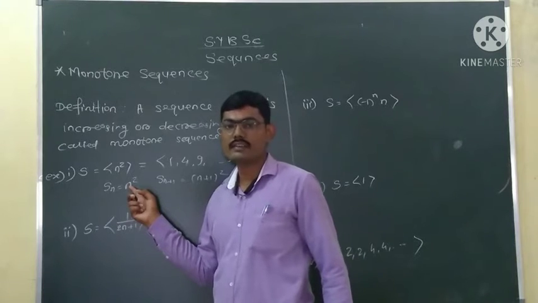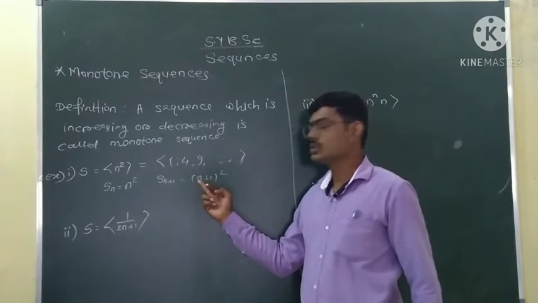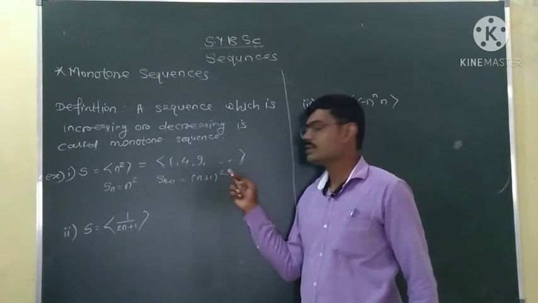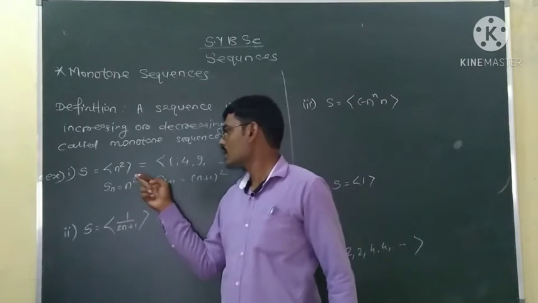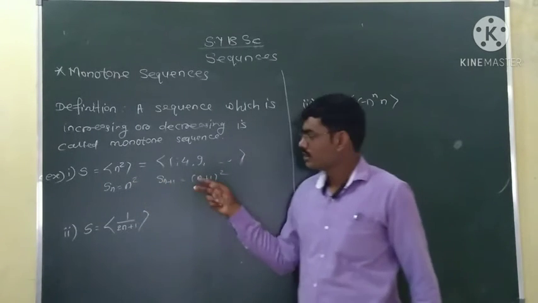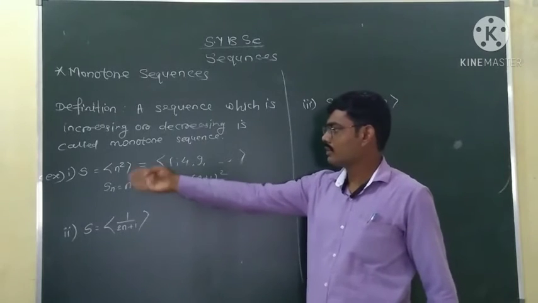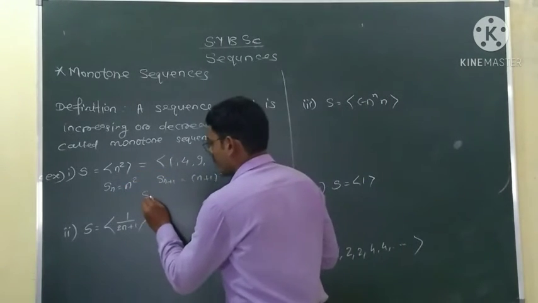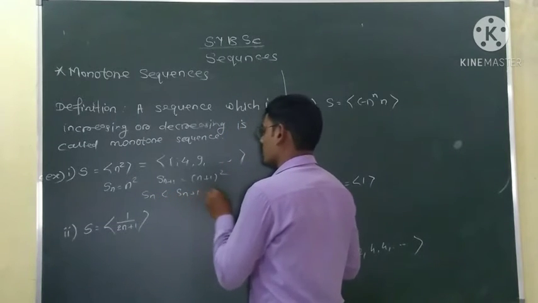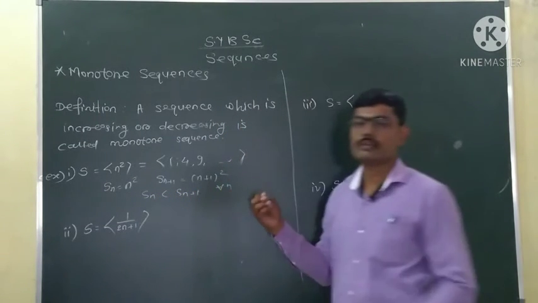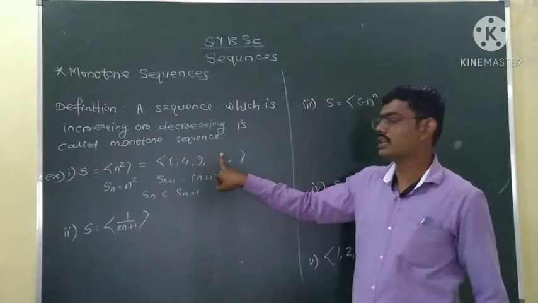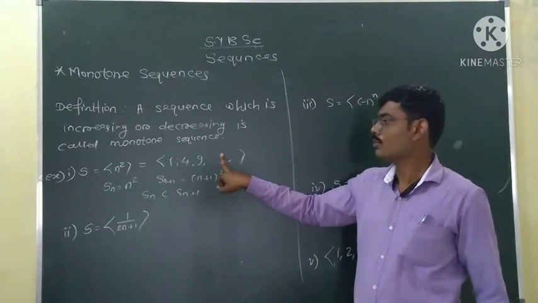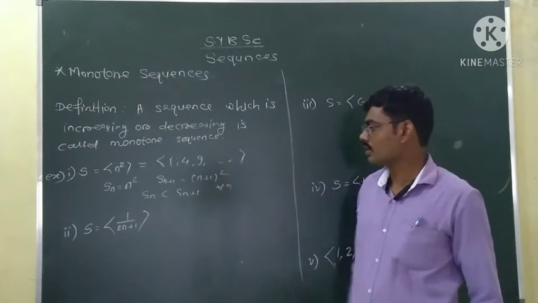Suppose you put n is equal to 2. So 2 plus 1 is 3, 3 square is 9, and 2 square is 4. So 4 is less than 9. So just by observation you can see this sequence is monotonically increasing because Sn is less than Sn plus 1 for all natural numbers. So this sequence is strictly increasing, that is, it is a monotonic increasing sequence.